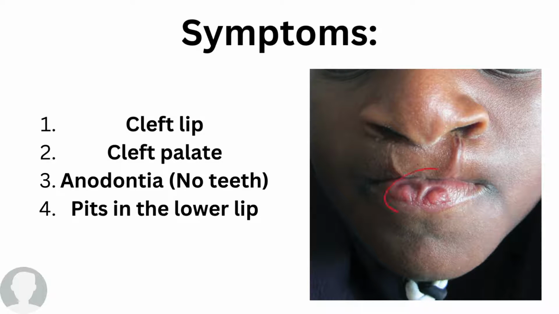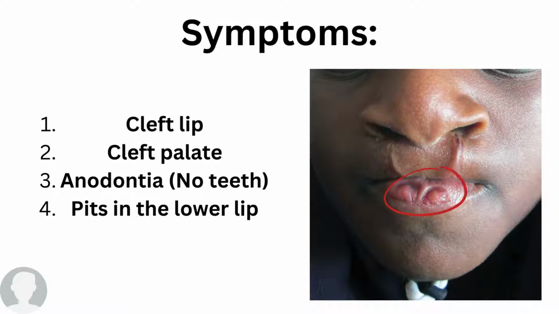Now, in addition to these 3 symptoms, they will have a characteristic feature, which is pits in the lower lip. Always, you will see pits in the lower lip. Why is that? Because there is an abnormality that can be seen in the face, commonly in the lip area. Basically, you will see many abnormalities there, such as cleft lip, cleft palate, and pits in the lower lip.